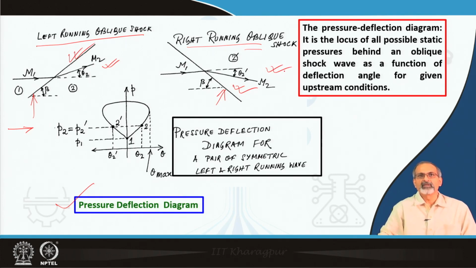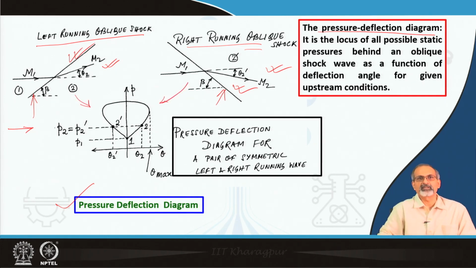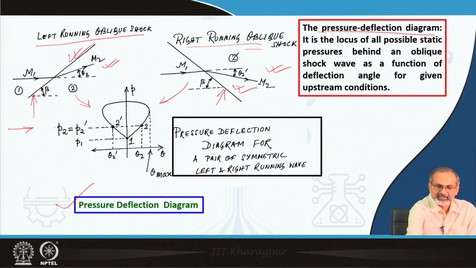And we have a special diagram here which we call the pressure deflection diagram, which gives us the locus of all possible static pressures behind an oblique shock wave as a function of deflection angle for a given upstream condition. So, reflecting what we see in these two diagrams through the pressure deflection diagram, it will look like the way we sketched here.